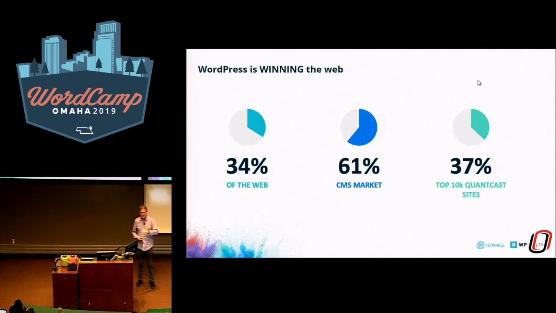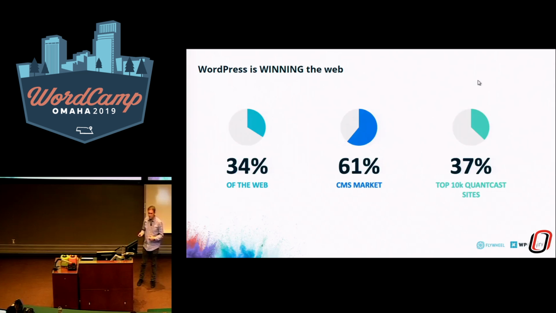In my agency days, WP Engine was my client back then, and I remember thinking that was basically an entire world of websites. And it's nearly tripled since then, 34%. So it has a huge impact on the web. There is no other website platform that comes even close to what WordPress does in terms of the overall web. For sites that choose to have a content management system, so Google.com, of course, is hand-coded, but for sites that choose it, it's 61%. So it's chosen more than any other way of building websites when a CMS is chosen.